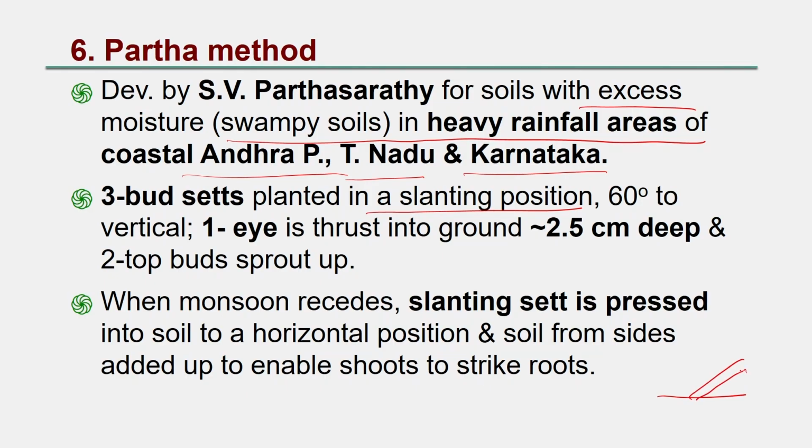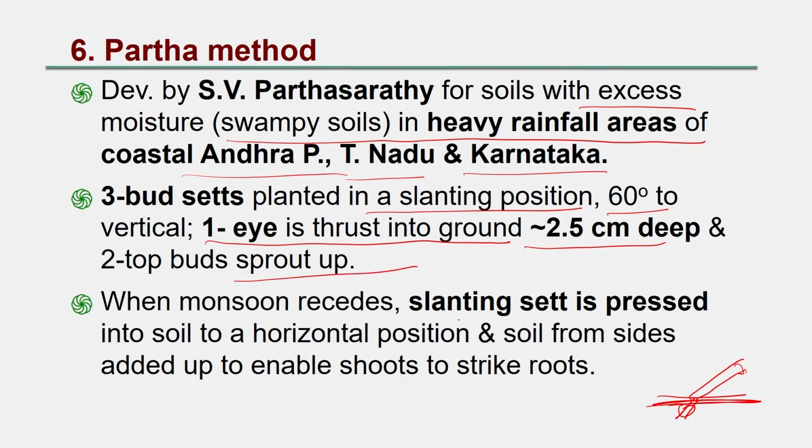This is your soil surface and this is your set, so it is slanted, at 60° to vertical. One eye is thrust into the ground about 2 to 2.5 centimeter deep, and 2 top buds sprout up in the air.